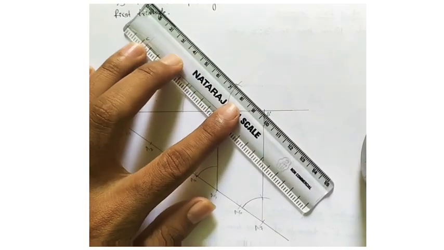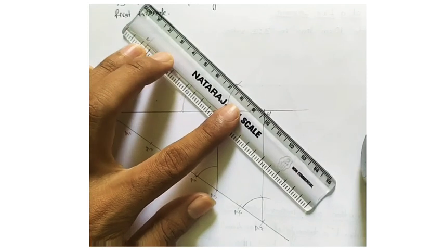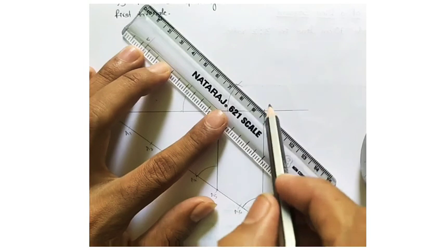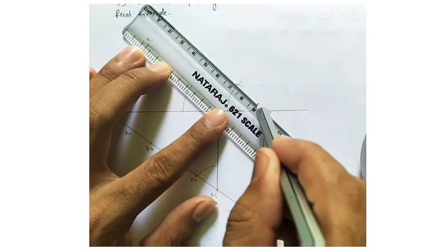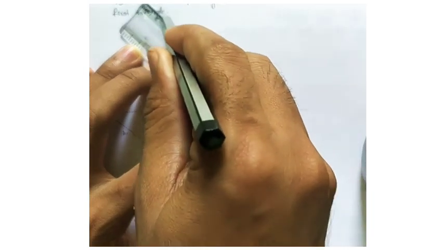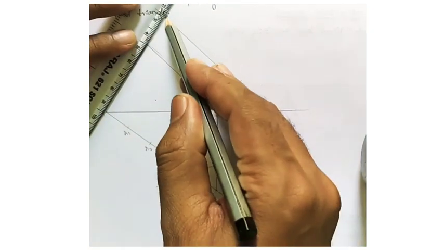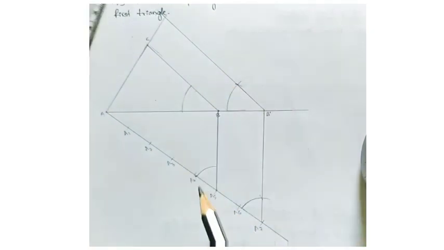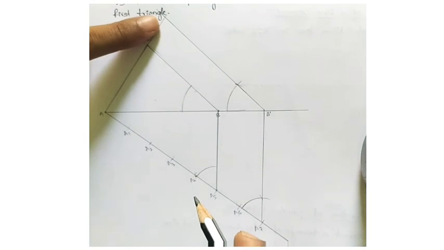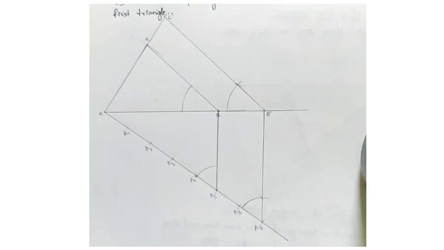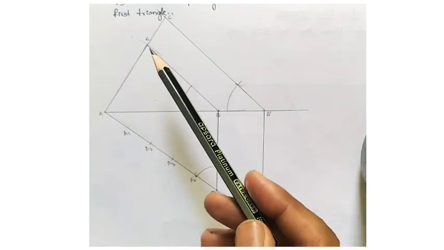Now join it from B. Okay, so extend this AC. So here you will get C dash as our side of the similar triangle.